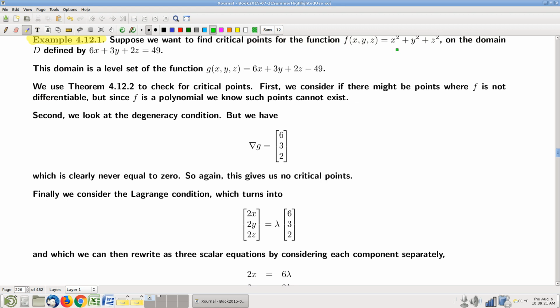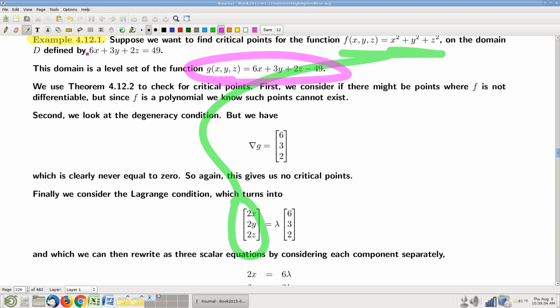So this function f, there's its gradient. That's our objective gradient. This function g, the constraint function. By the way, you got to think about how you can rewrite the constraint equation as a function equaling a constant.